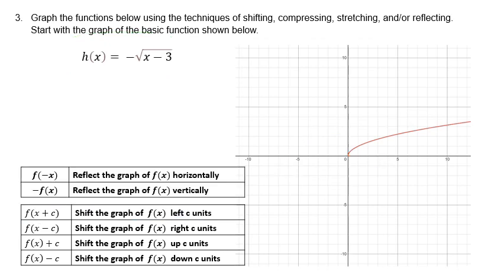Okay, so now you see I've got 2 tables. I've got the one that we've just been discussing, the addition, subtraction, and now I've got reflections. Now reflections come from a negative sign, not subtraction. Right?